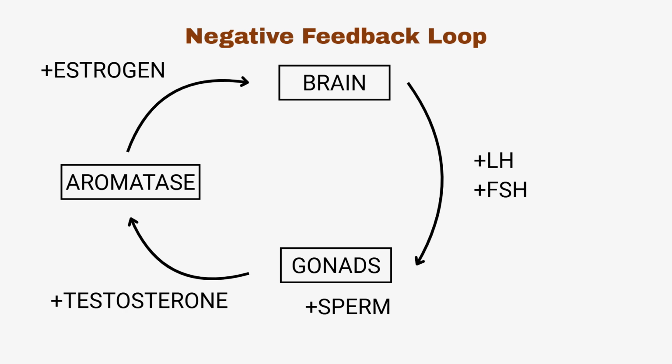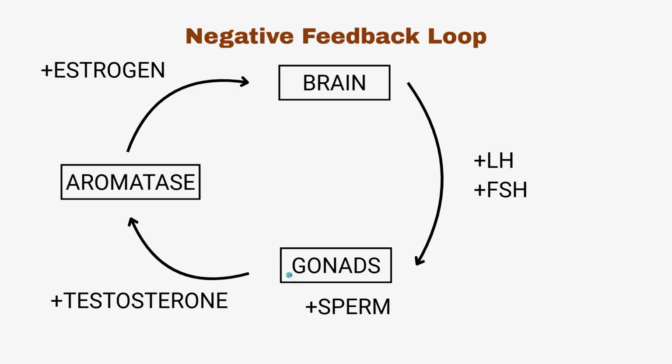And so this is your negative feedback loop normally. Your brain will produce LH and FSH, or luteinizing hormone and follicle stimulating hormone, which is going to go down to the gonads, and that's going to activate spermatogenesis and make testosterone.